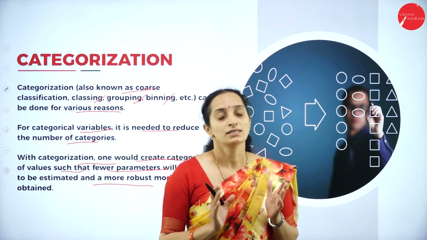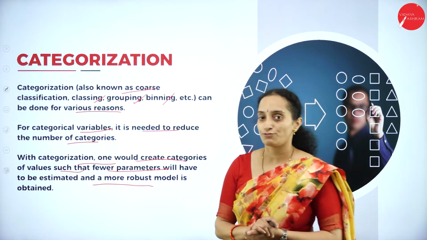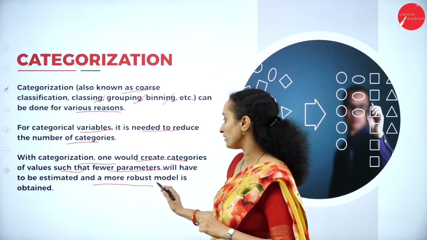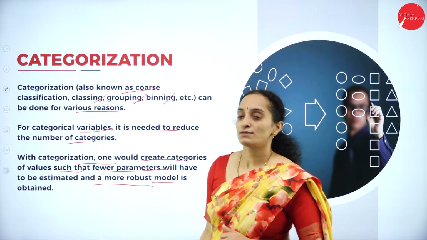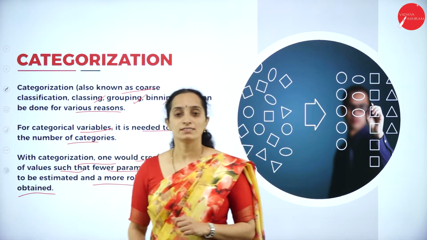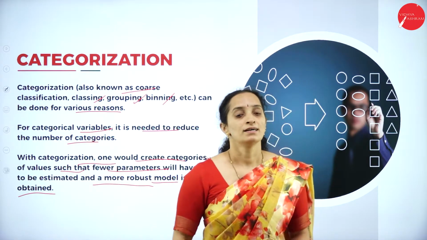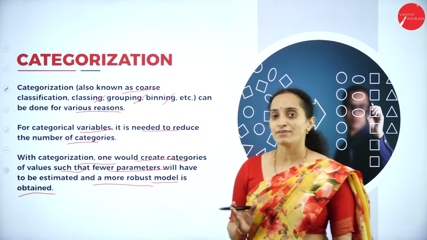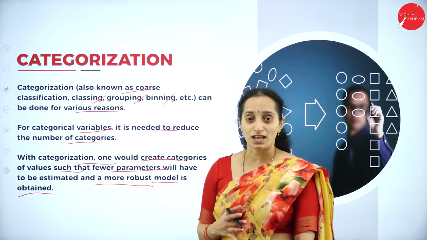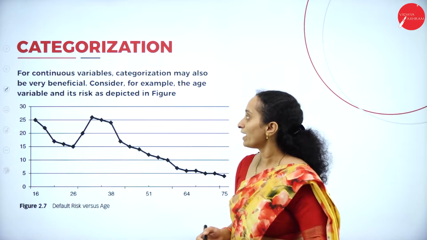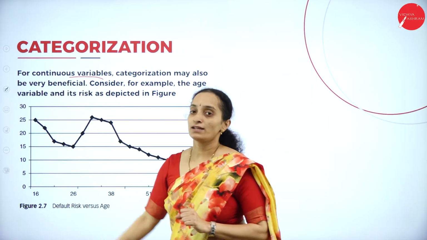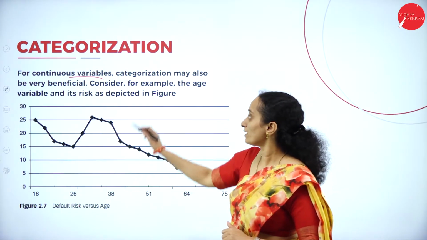You have to first get only a minimum set of values or minimum range of values for estimation. And a more robust model will be obtained, which gives you proper and accurate data when compared to the unscrutinized, uncategorized raw data.